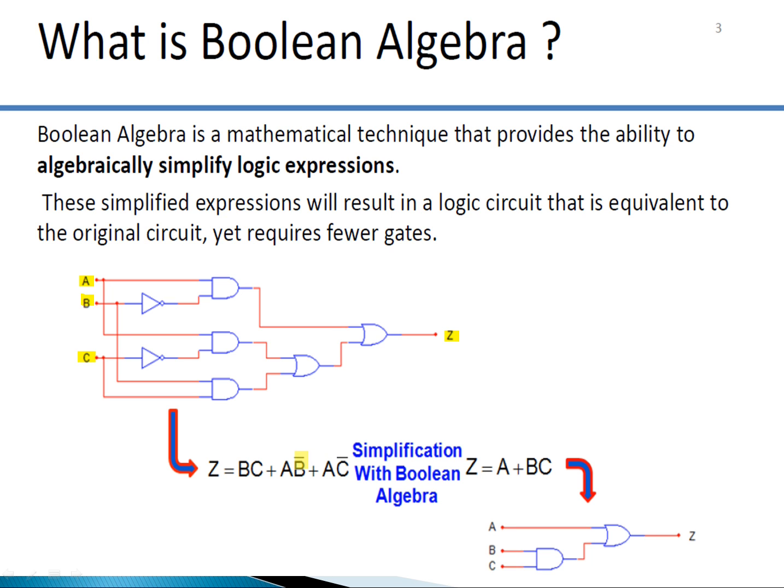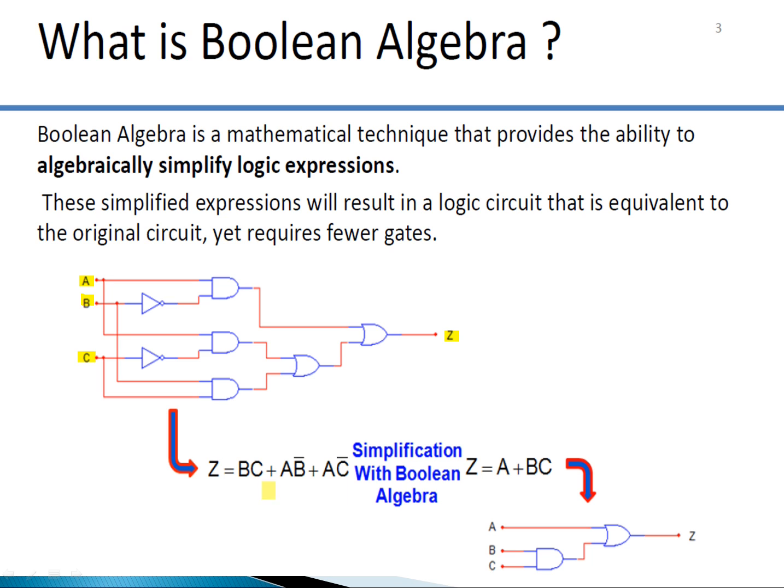So here the line over a variable represents the complement or NOT operation. That means B bar is nothing but complement of that variable, C bar complement of that variable.